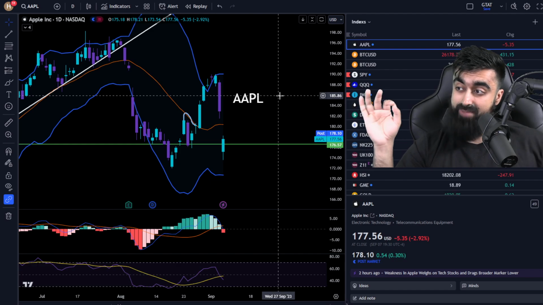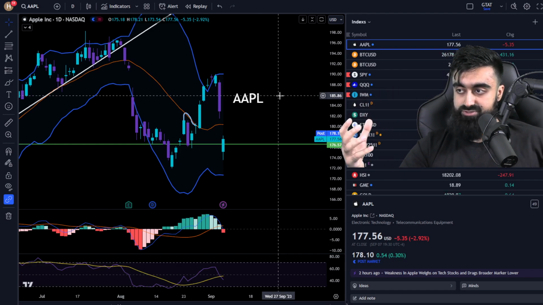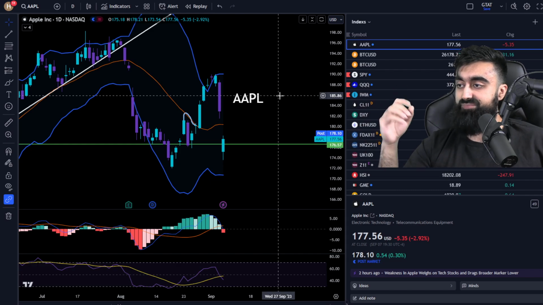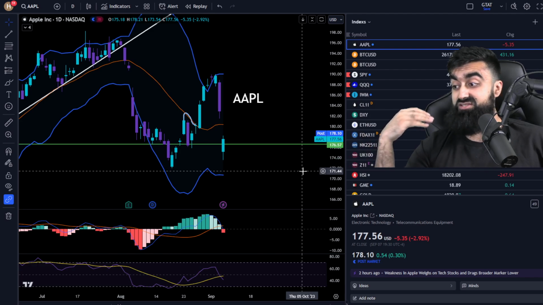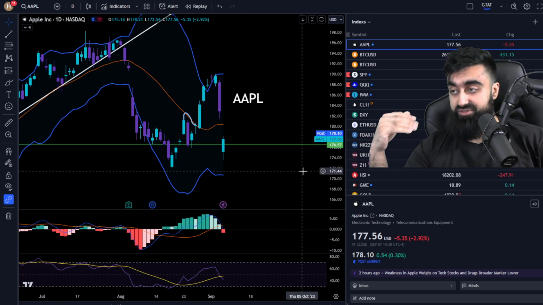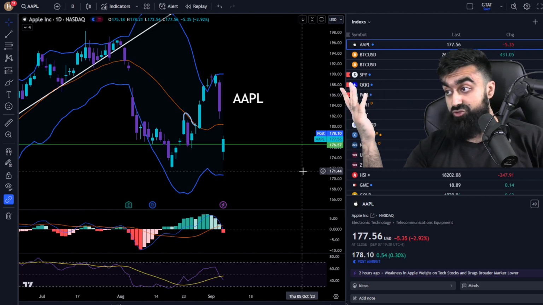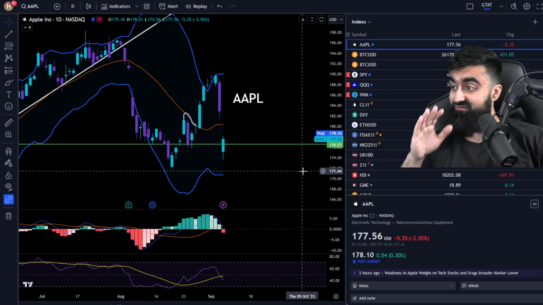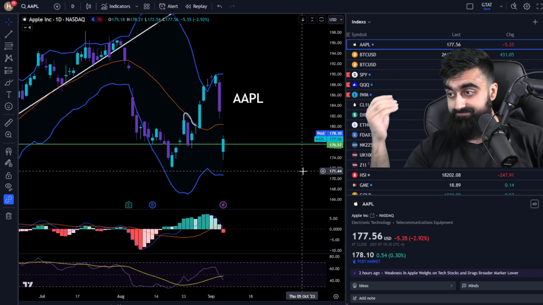But the fact that Apple did this gives some hope to bears. Okay, so we need Apple to continue showing some strength. Tomorrow, we need to see if Apple can hold and break above 180 definitively. If it can do that, then there is still bullish hope in the market and things should be good to go. But we're going to see how things go one step at a time.